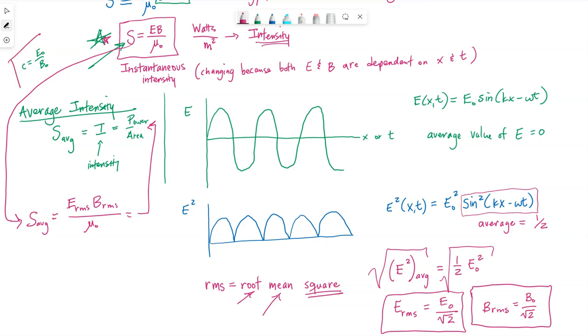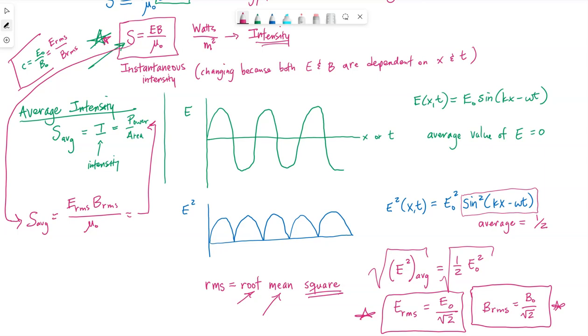But this relationship of c equaling E naught over B naught also equals ERMS over BRMS. If I solve these RMS equations in the bottom for the maximum values, E naught and B naught, and plug them in, the square root of 2 part would cancel.